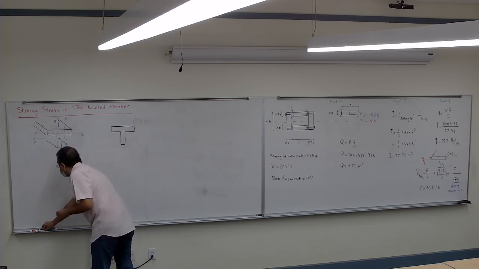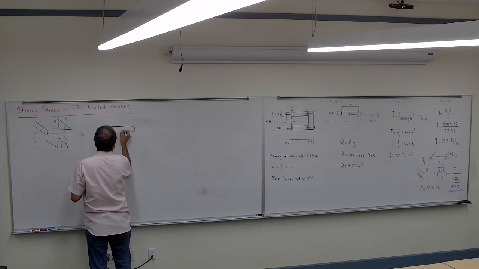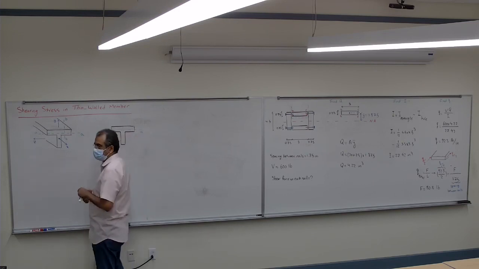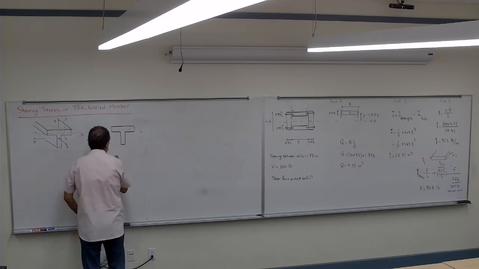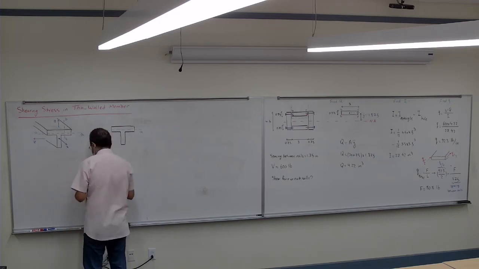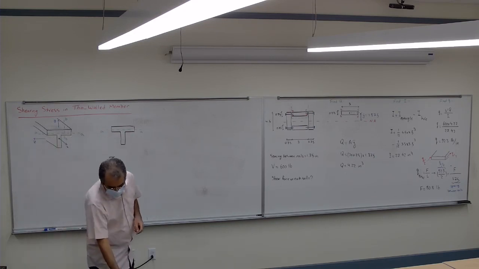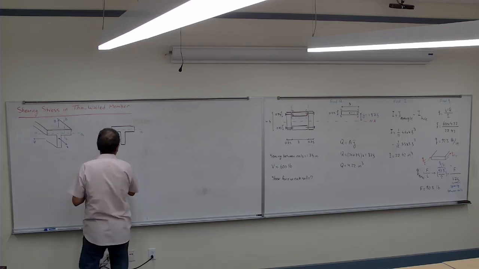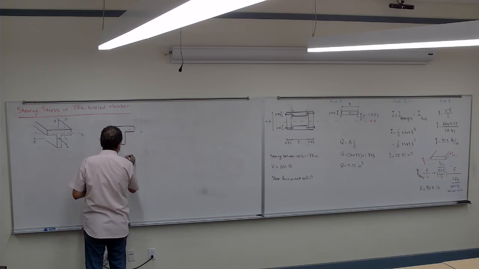So if I go ahead and cut it at the AA, the top, the direction of the shear would be VQ divided by It.